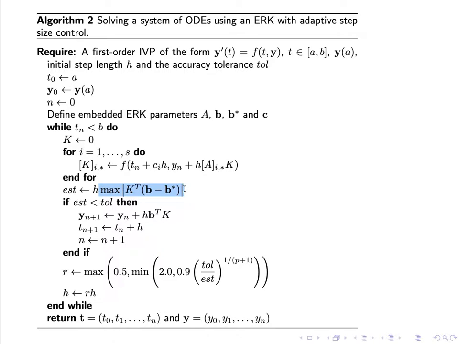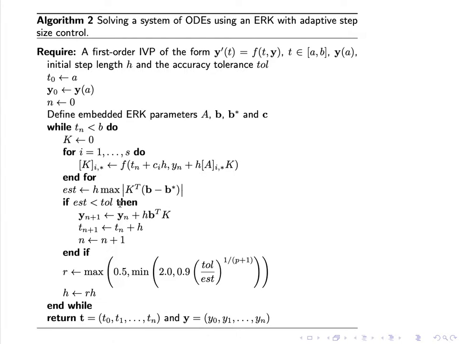So this is kind of like the worst case scenario: for all of our equations in our system, we're taking the one with the largest value, and multiply that by h, and that gives us an estimate of the error. Then we compare our estimate of the error to the tolerance.